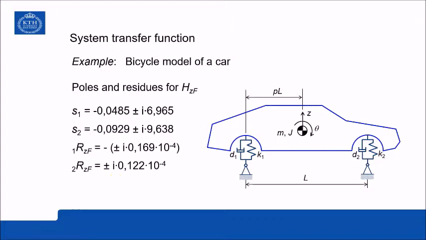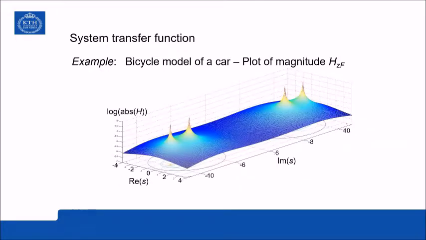So, how do we now interpret this? Well, if we plot the absolute value, that is the magnitude of the system transfer function, versus the Laplace variable, we get this nice looking graph. Here we have the imaginary part of the Laplace variable, and here is the real part of the Laplace variable. On the vertical axis we have the base 10 logarithm of the absolute value of the system transfer function.